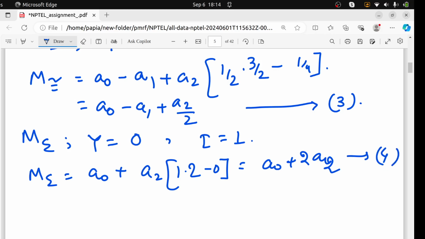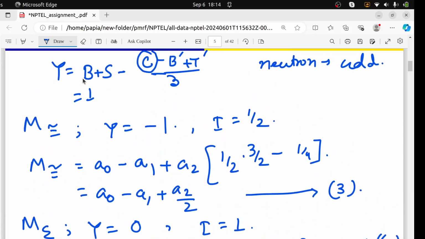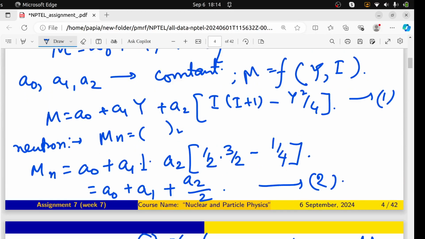So now you can see I have m sigma equals a0 plus 2a2, m cascade equals a0 minus a1 plus a2 by 2, and mn equals a0 plus a1 plus a2 by 2. So these 3 equations we have, and 3 unknown parameters we have: a0, a1 and a2.